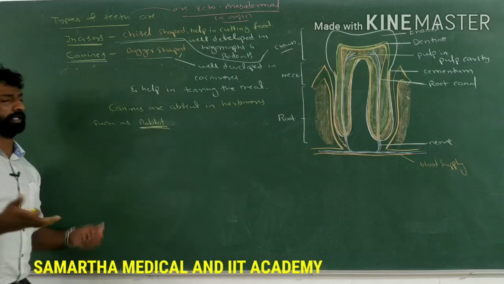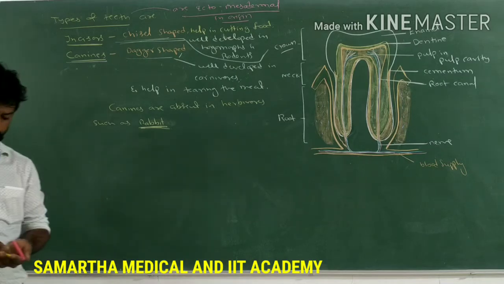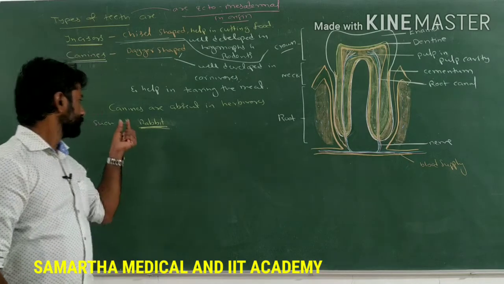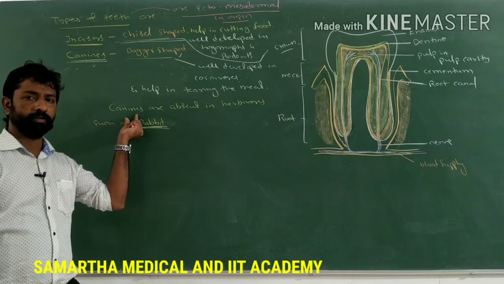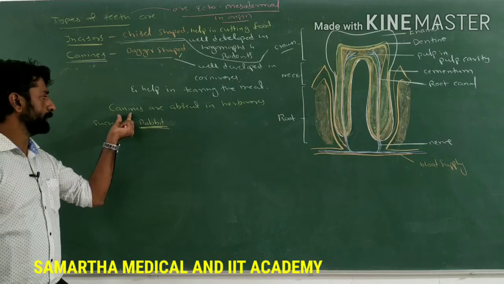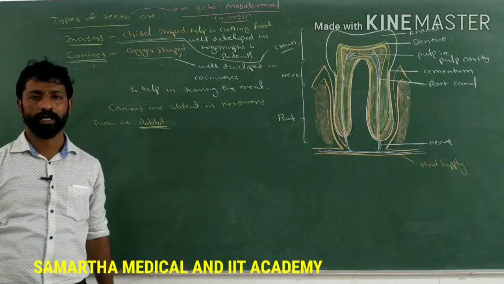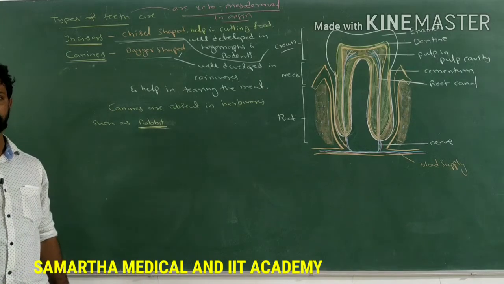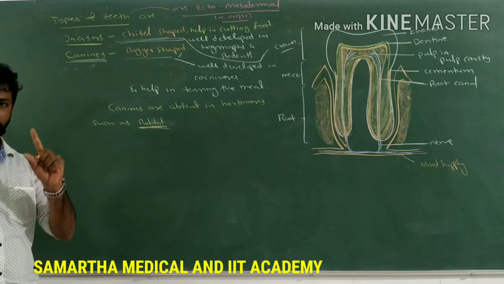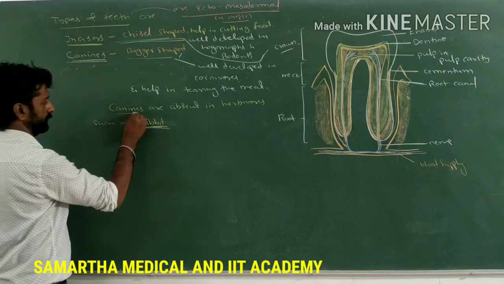So in a rabbit no canine is present. The empty space where the canines are absent is called the diastema. Remember this.